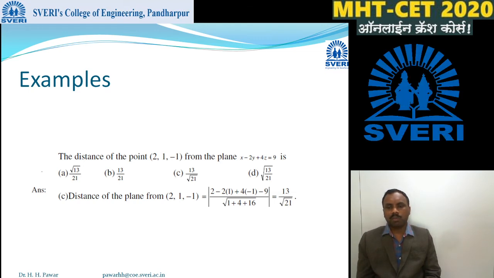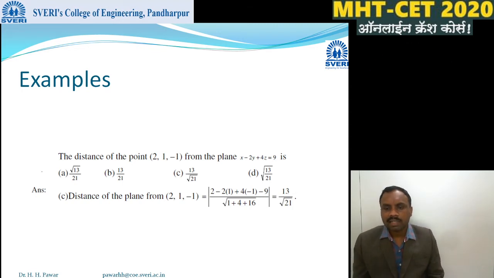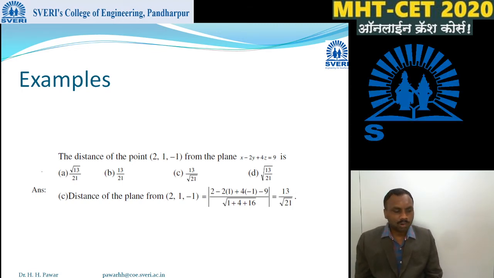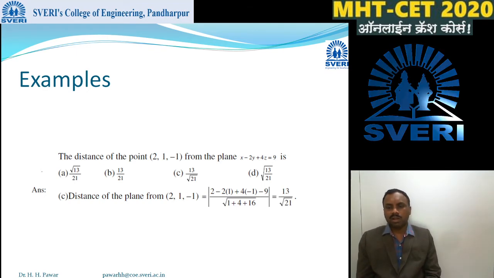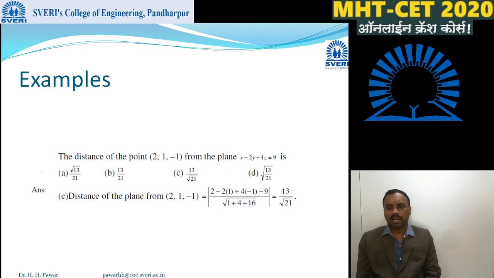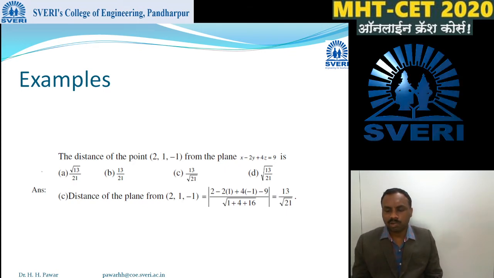By using the formula we'll get (2 minus 2 into 1 plus 4 into minus 1 minus 9) divided by square root of 1 plus 4 plus 16. It is equal to 13 upon root 21. That is option C is the correct choice for this question.